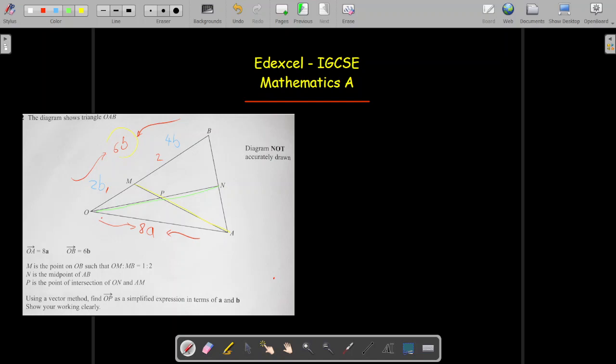When you're dealing with outer lines of a triangle, it's easy, but right now it's telling you that these two lines intersect at the point P. Now, using the vector method, find OP. The question is about finding the value of OP, and he wants the OP vector as simple as possible in terms of a and b.